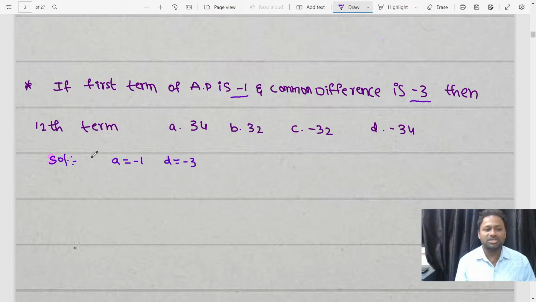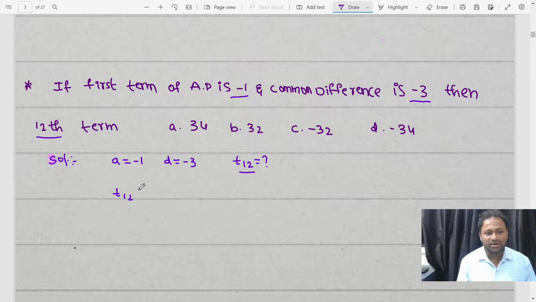Then the question asked for the 12th term. 12th term means we need to find T12. So for that I will use this condition. What is the formula for T12?